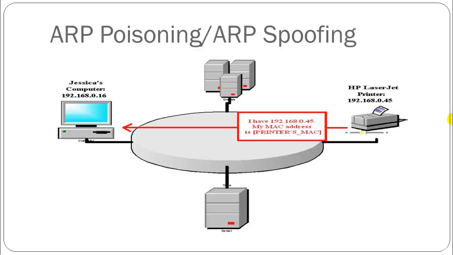And then there's a reverse request by ARP, called RARP, and it is the same concept as the ARP request, but over here computer A, that is Jessica's computer, asks who has this MAC address after it has the IP address, and then the HP LaserJet printer replies that it has the MAC address.